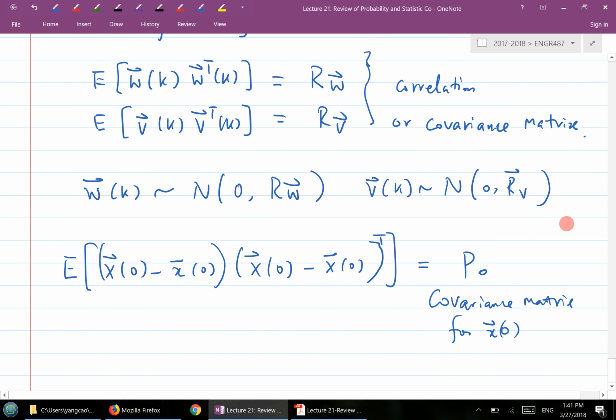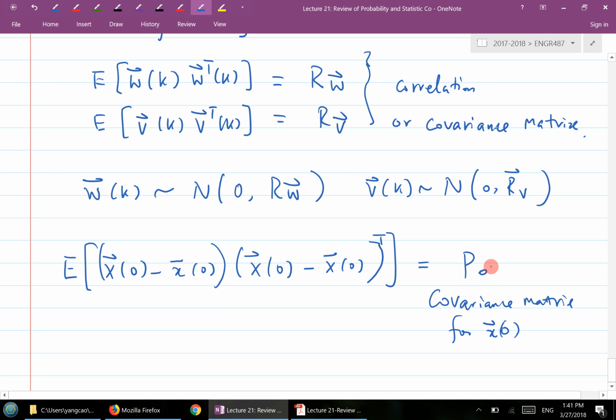As a matter of fact, for the next derivation, we will need an initial value P naught, and this is also a value that you will give to the system for the designed Kalman filter. It's like your initial guess of the initial values.